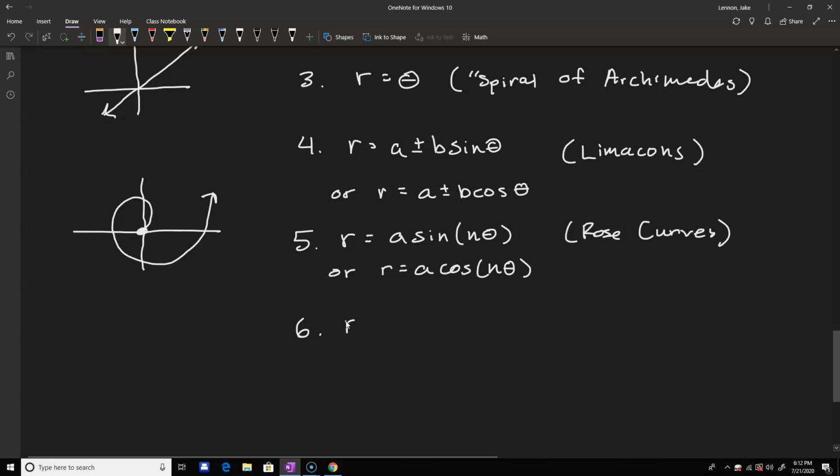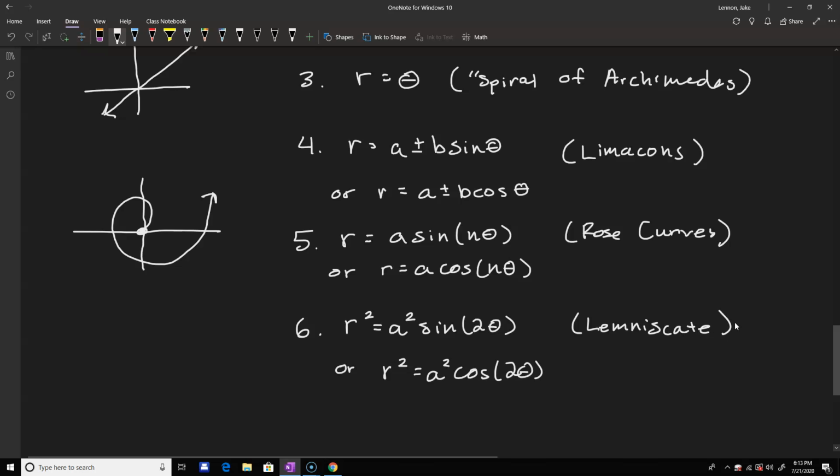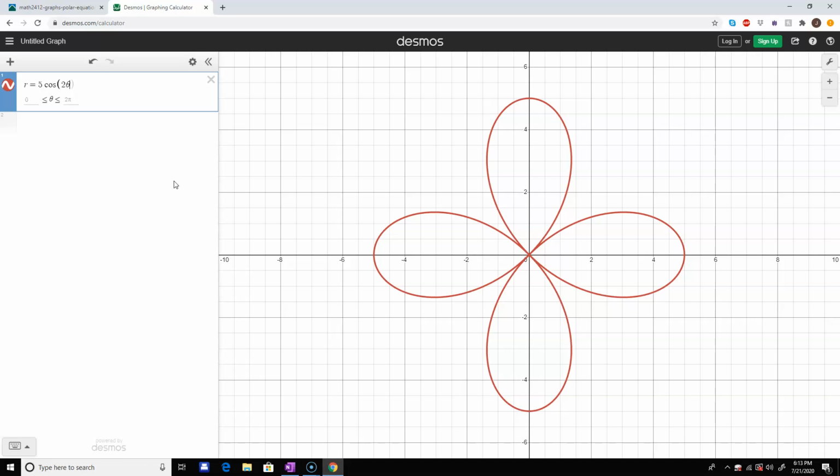So this equation looks like r squared equals a squared times the sine of 2 theta, or r squared equals a squared times the cosine of 2 theta. And again, these are known as lemniscates. So let's go ahead and take a look at that picture. I've kind of already previewed what it's going to look like.